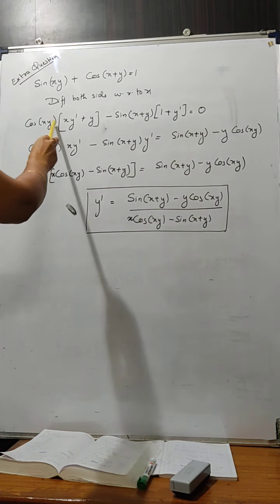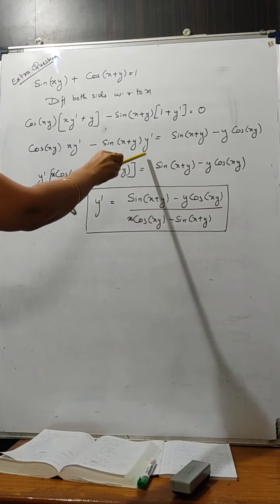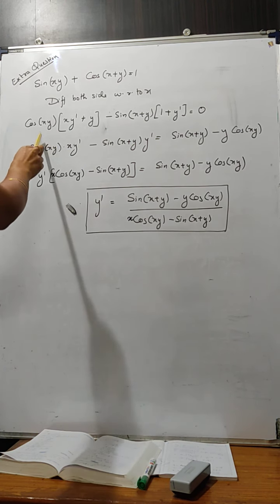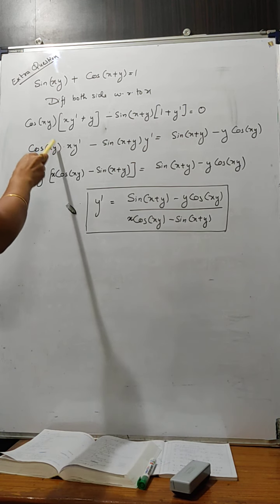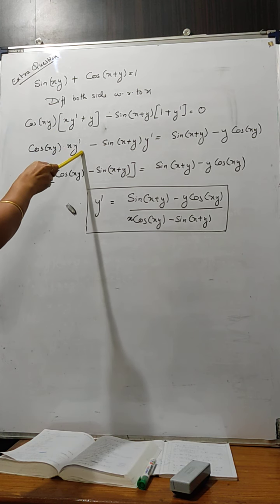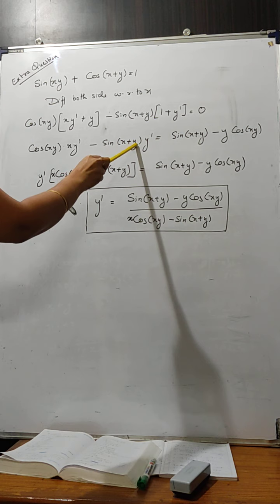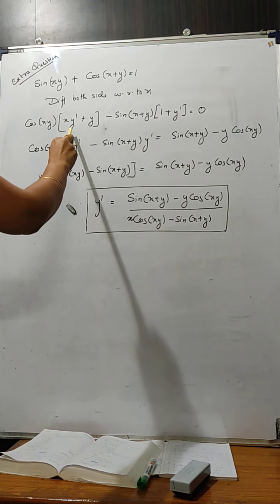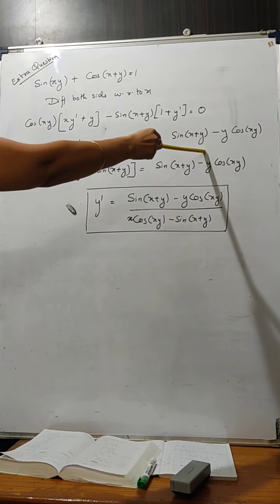Now first of all we will open the bracket and collect all the y dash, bringing all the y dash to the left hand side. So it is cos of xy into x y dash, and from here I will be getting minus sin x plus y into y dash is equal to, now the terms free from y dash we have written over to the right hand side.